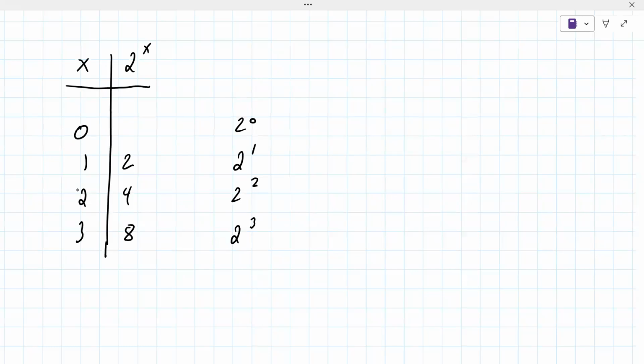Now, do you remember what anything to the power of 0 is? It's either 0 or 1. It is 1. Now, the hard one here is 2 to the minus 1. So anything to a negative exponent becomes 1 over that thing to a positive exponent. So 2 to the minus 1 becomes 1 over 2 to the 1.